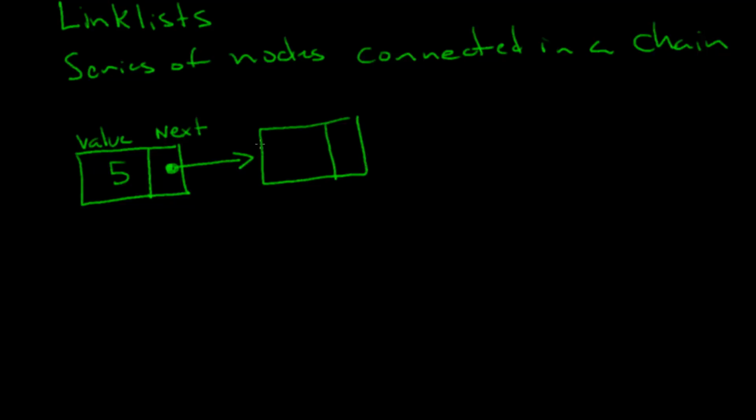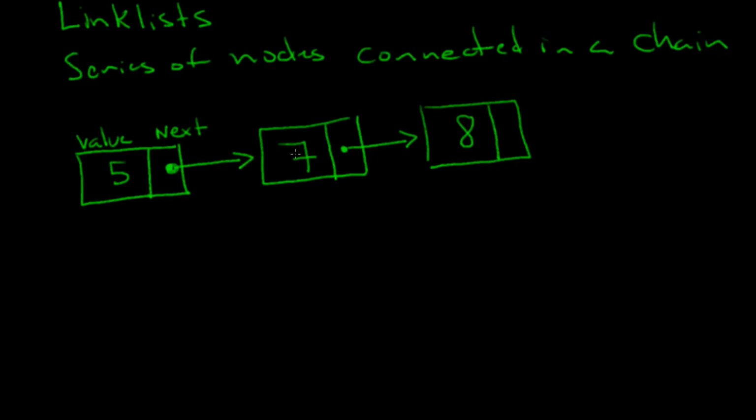All right, so then we create another node, and the same thing. It has some sort of payload, some sort of data, so maybe the number 7, and then this one will point to the next node. And then maybe this is 8.